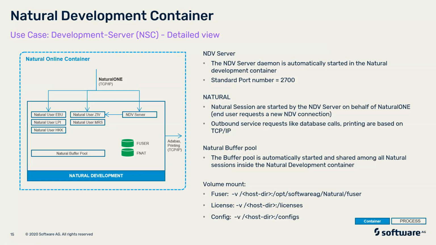You see here more or less the same that you have seen in the community edition when I started the image. We have a Natural development server container that is running, and inside there's an NDV server. The NDV server is started automatically, and the standard port is 2700. And then Natural is running inside.